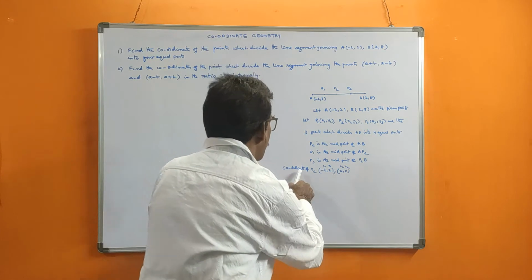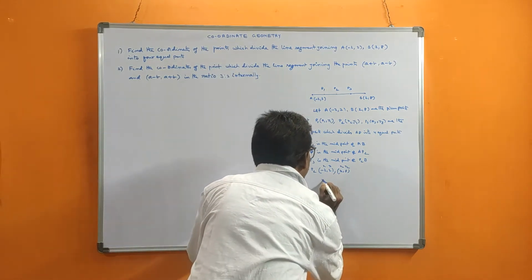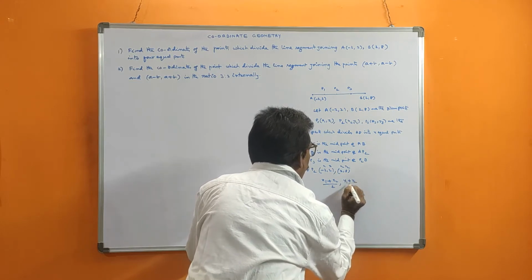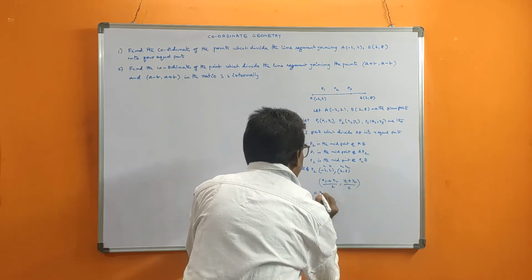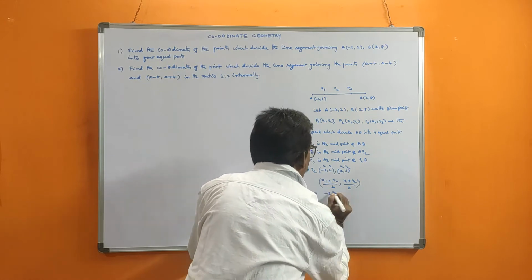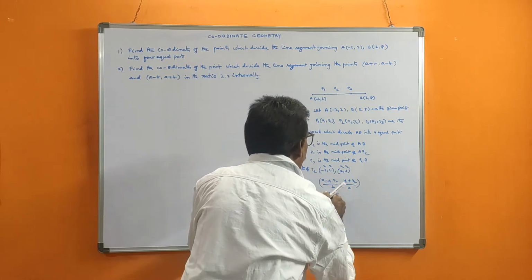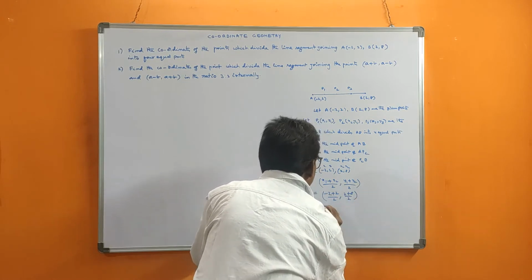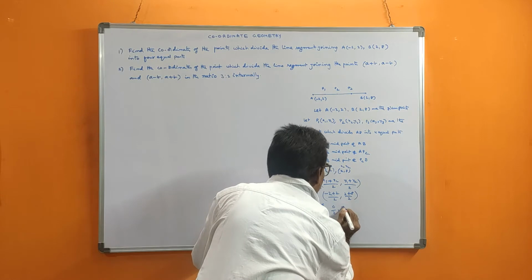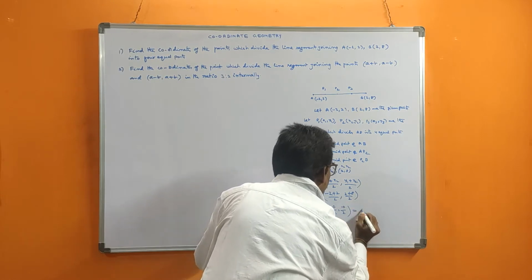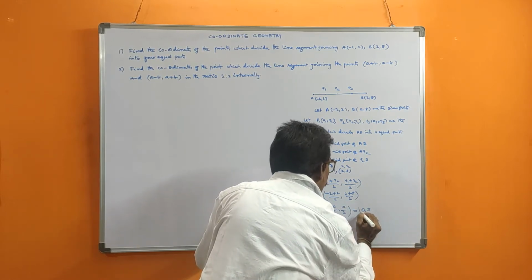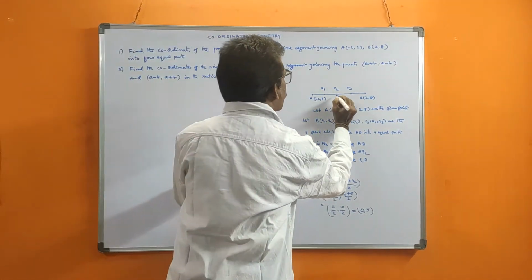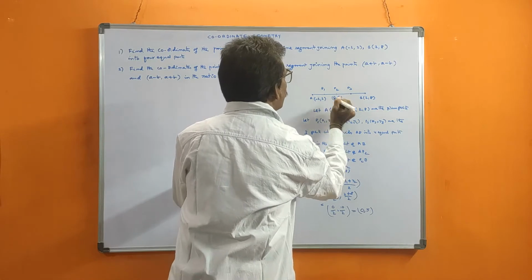By using the midpoint formula: (x1 plus x2) by 2, (y1 plus y2) by 2. So this is (-2 plus 2) by 2, (2 plus 8) by 2. That is 0 by 2, 10 by 2. 0 by anything is 0, and 10 by 2 is 5. So (0, 5) is the coordinates of P2.